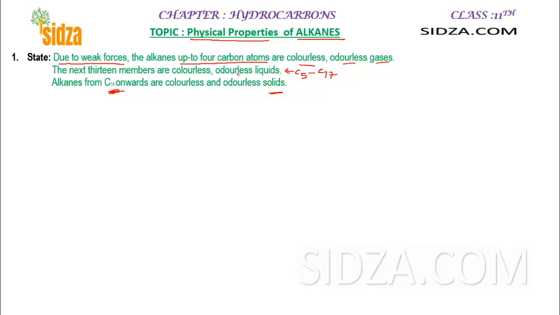So lower alkanes are gases, very high alkanes are solids, and alkanes from C5 to C17 are generally liquids. So with the increase in the number of carbon atoms, the molecular weight increases, and therefore the state changes from gas to liquid and liquid to solid.